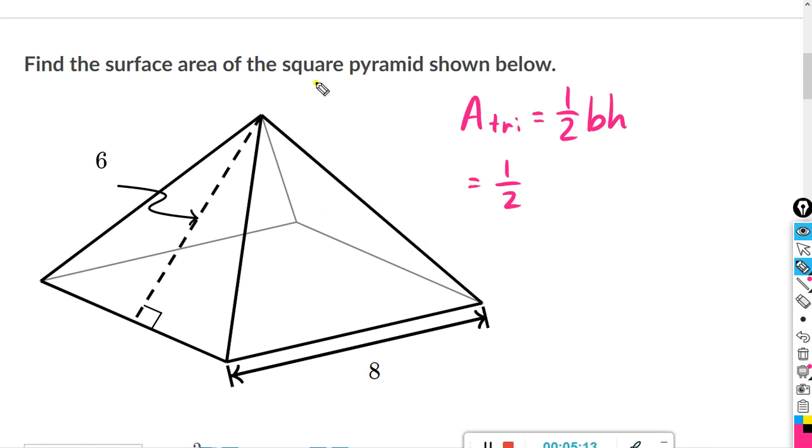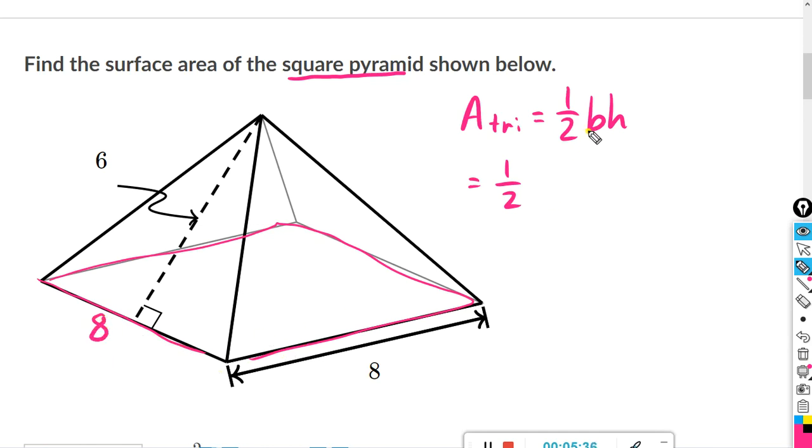But before we proceed, we see that this says square pyramid. That means the base of the pyramid is a square. So this thing down here is a square. We know that a square has all 4 sides congruent. So if this side here is 8, this side here is also going to be 8.